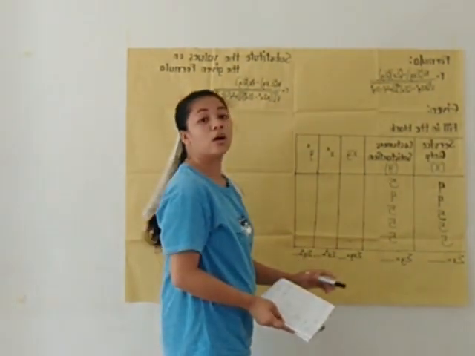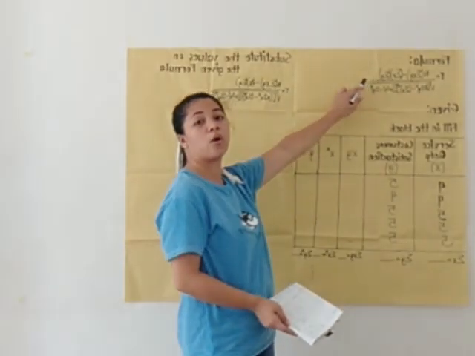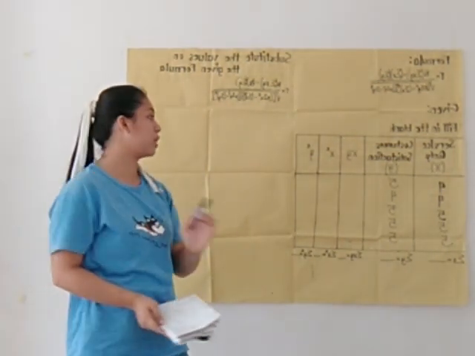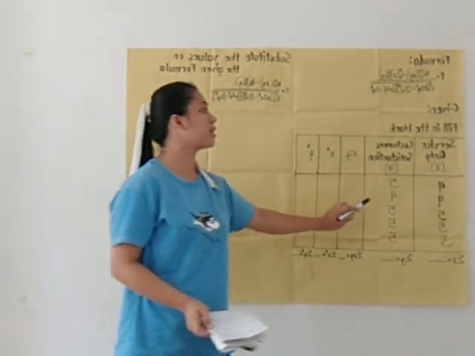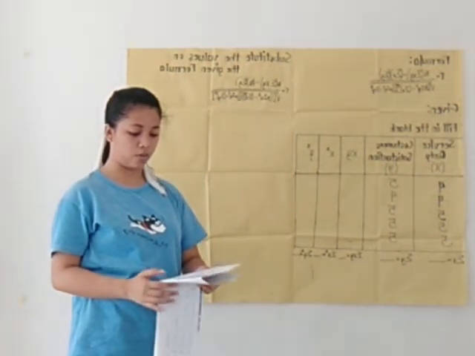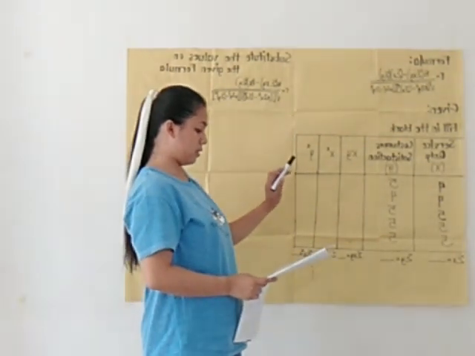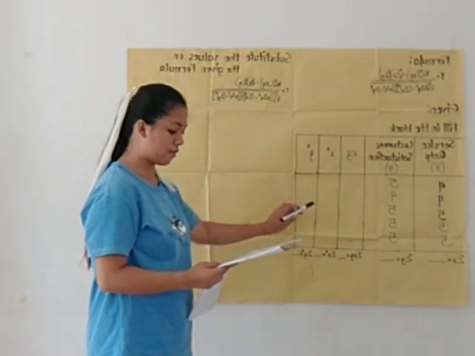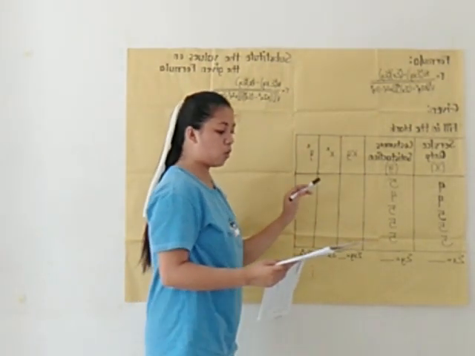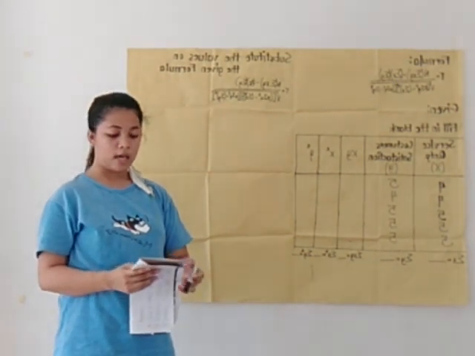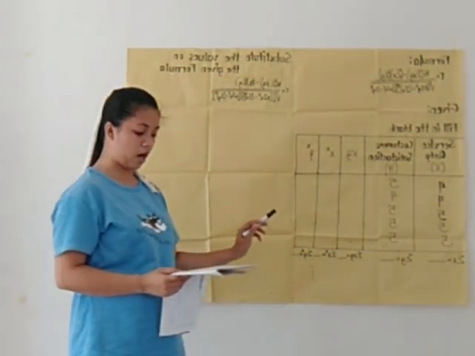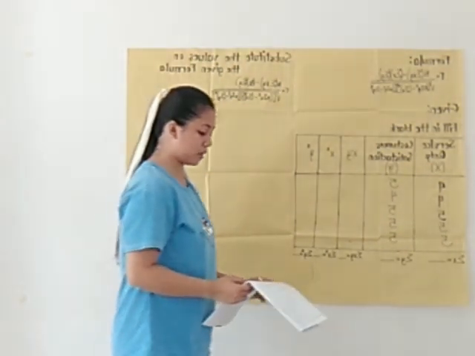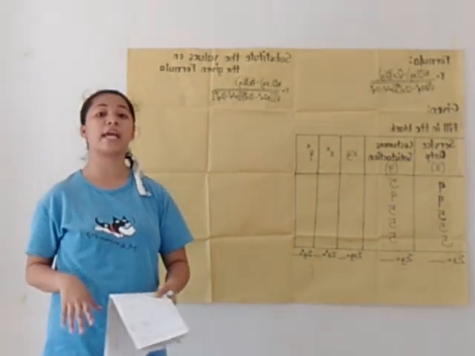We already have the formula of Pearson R correlation, so the only thing we need to do is answer this problem. There are only 4 steps in order to solve for the value of R. You just follow the steps to get the right answer.